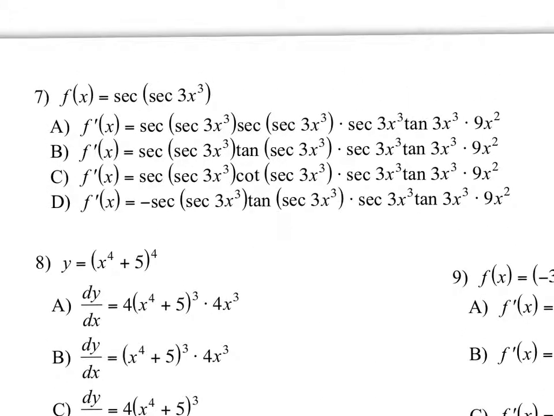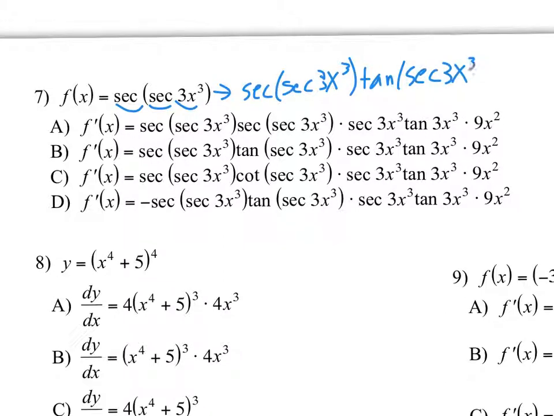Next we've got secant of 3x to the 3rd. Derivative of secant is secant tangent. So we're going to have secant of secant of 3x to the 3rd, tangent of secant of 3x to the third.